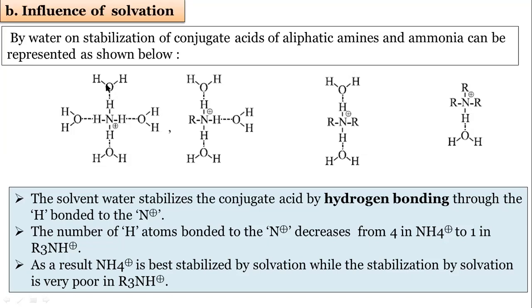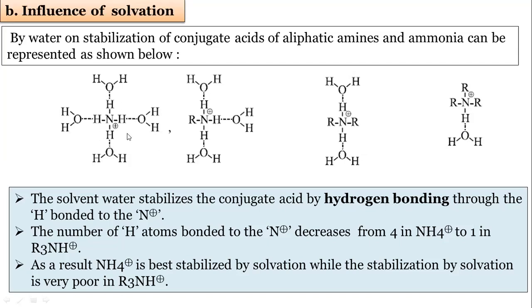See clearly here, there are 4 water molecules, so there are 4 hydrogen bonds. Then 3 hydrogen bonds, then 2 hydrogen bonds, and there is only 1 hydrogen bond present. By this solvation, we can clearly see that the solvent water stabilizes the conjugate acid by hydrogen bonding.